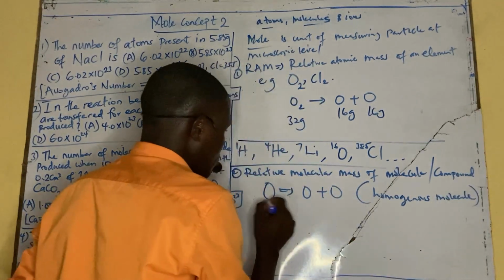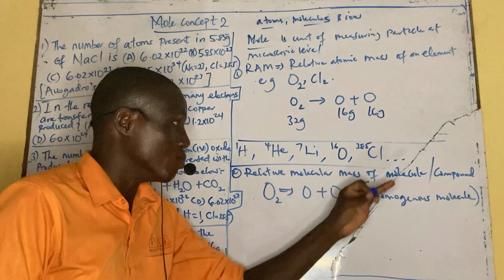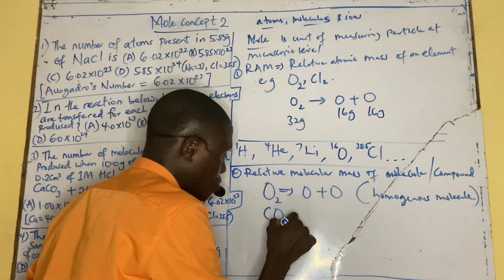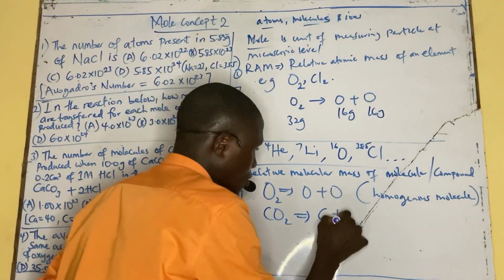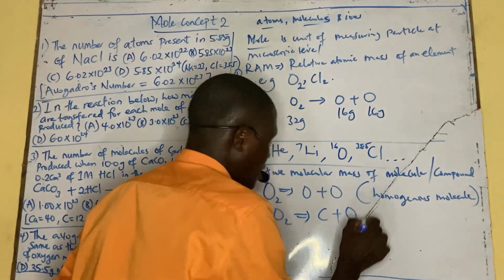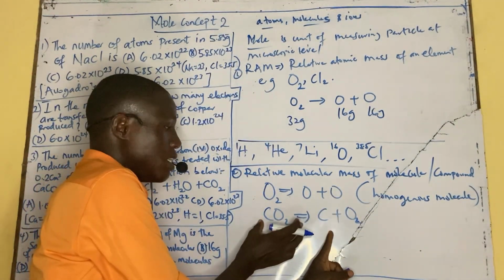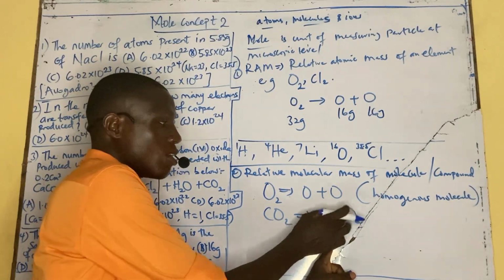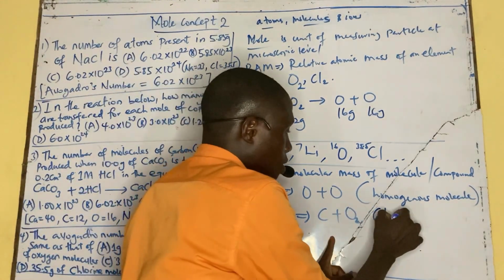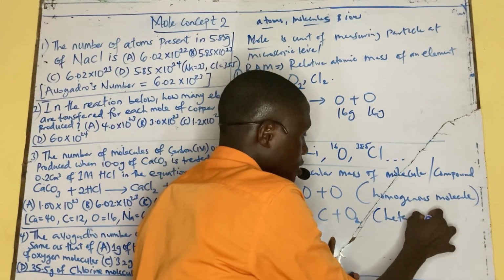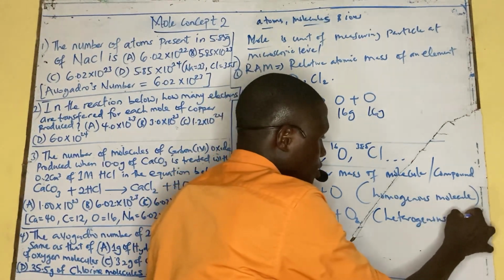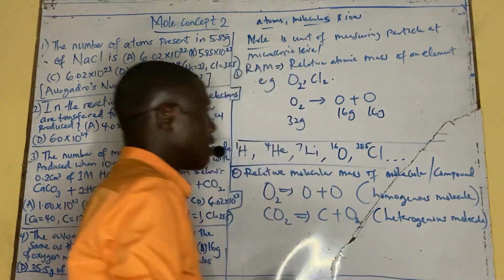And we have a heterogeneous molecule, which is CO2, when you have carbon, C plus O2. So they are homogeneous because they have the same atom. This is heterogeneous because it has carbon and oxygen. So this is a heterogeneous molecule.